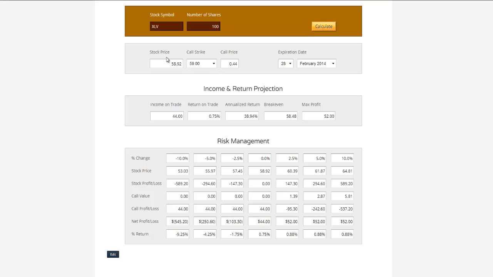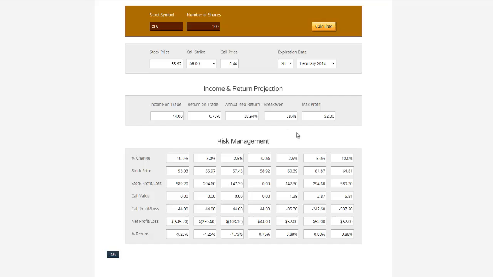So you compare Johnson & Johnson to something like Tesla or Facebook or a high-flying tech stock, you're going to get a lot less premium, and the annualized return is going to be a lot less. So we try and balance consistent stocks with stocks that have good potential growth rate and a little higher premium to get a good balance across all the portfolios. So I just kind of wanted to point out why that was 38.94 and the previous one was 111.